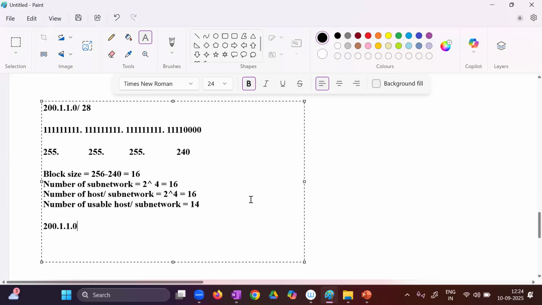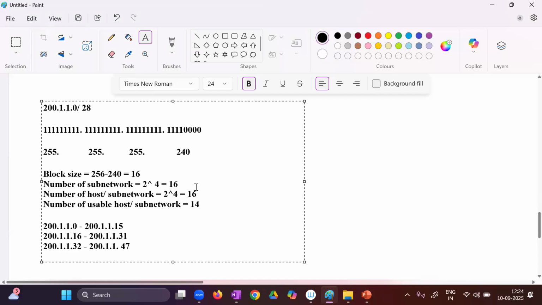Then you will start writing 200.1.1.0. Then 200.1.1. See, this is 16. What will we write here? 15, right? 200.1.1.16. Then 200.1.1.16 plus 15, that is what? 31. Next 200.1.1.32. 200.1.1.32 plus 15, 47.